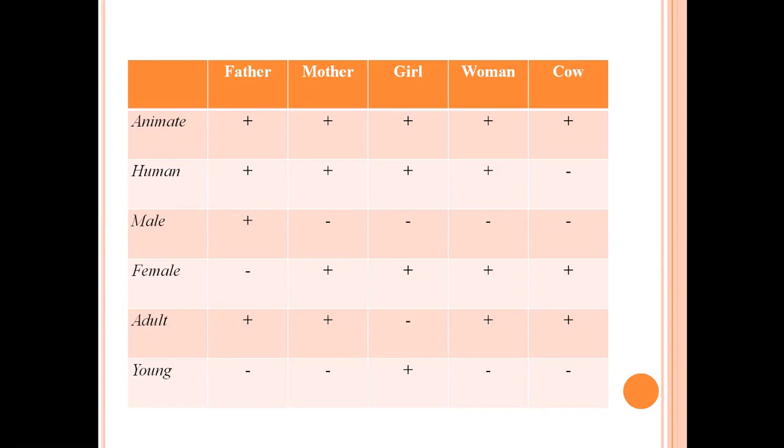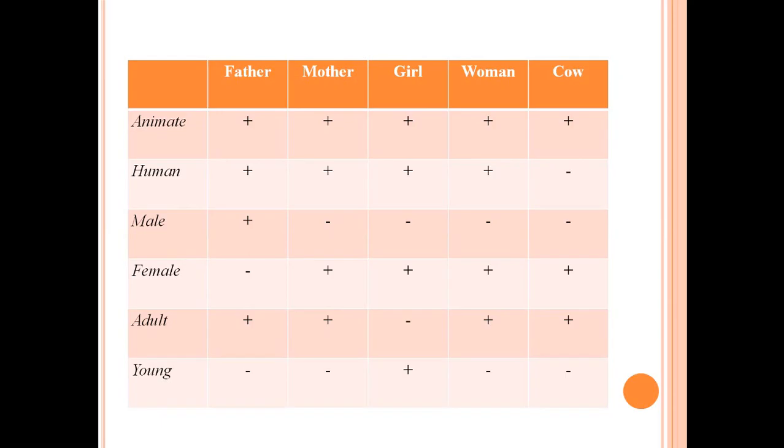Okay, let us look at the first one, animate. Look at the word father. Now ask the question whether this word has this property or not. So father, this word is used for an animate being, জীব। জড় পদার্থের ক্ষেত্রে father, mother এগুলো কিন্তু ব্যবহার করা হয় না। So that's why certainly this word indicates an animate being, তার মানে জীব। So father has this property, so we have used plus sign.